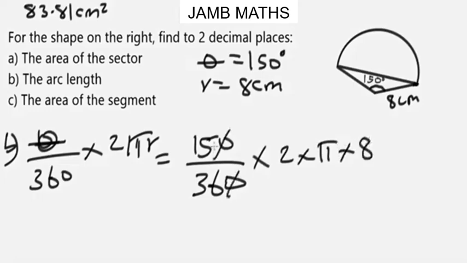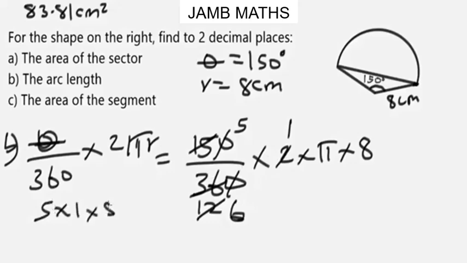So this will cancel this, 3 into this 5, 3 into this 12. 2 into this 2 cancel itself, 1, 2 cancel 12, we have 6. So we now have 5 times 1 times 8 times pi over 6.